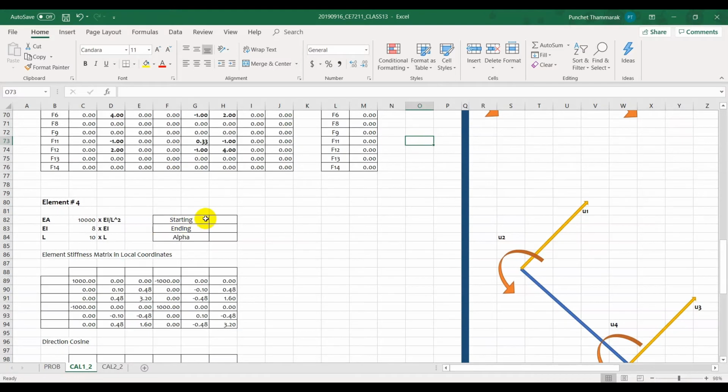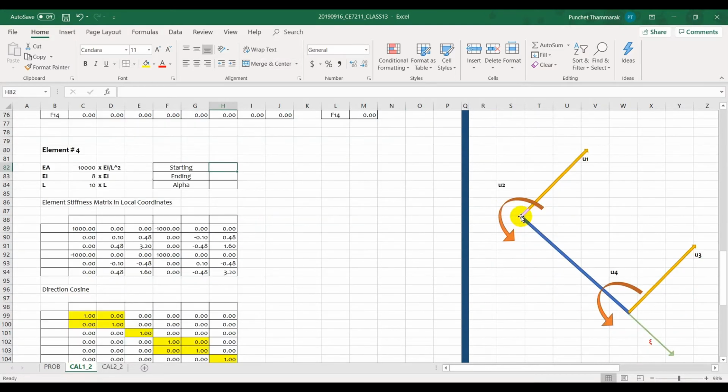Element number 4, starting node number 4, ending node number 5, it points toward that direction. 4, 5. Now the angle is measured at the starting node in the reference with the x-axis, so you can open the angle like this from the x, going counterclockwise like this, or if you go clockwise like this, you have to put the negative sign.